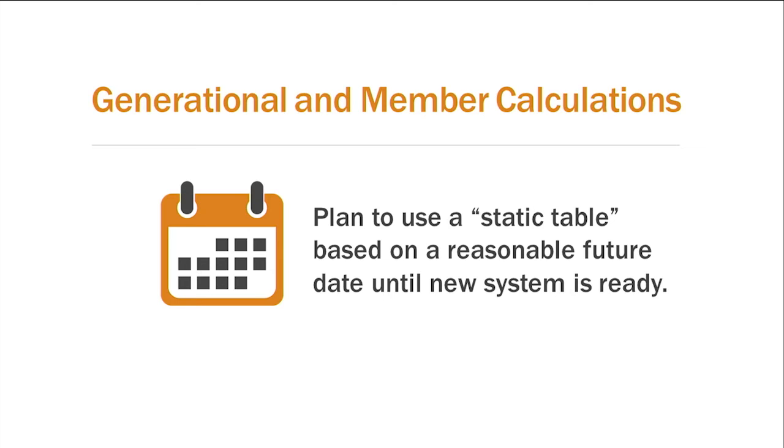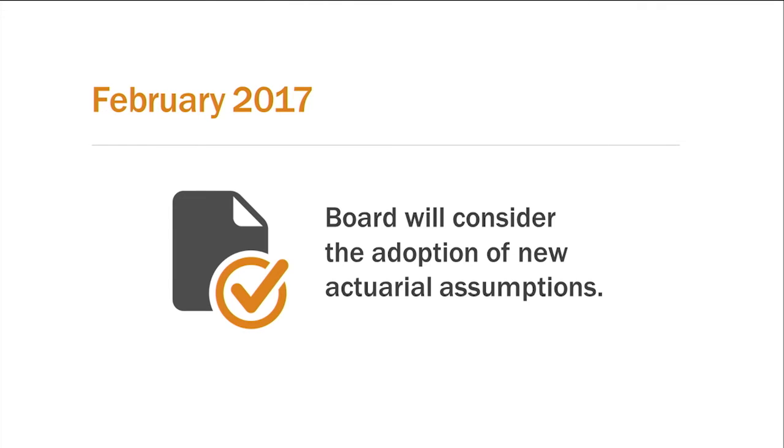So those are details that we have to work out behind the scenes, but we have a plan. So we will be asking you to adopt generational mortality in February, and although we won't be using it for member calculation, we will be using something that will give us an equivalent answer to ensure that we keep that connection between the two. And that's pretty much it.